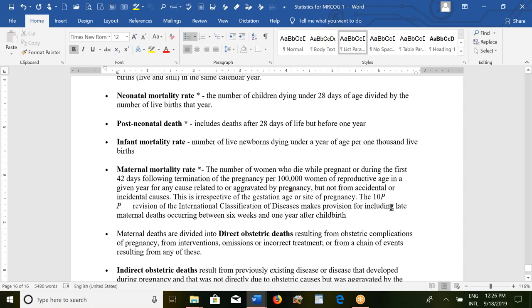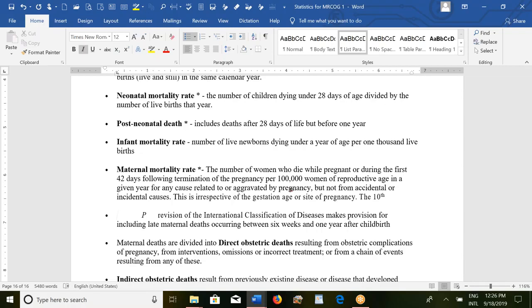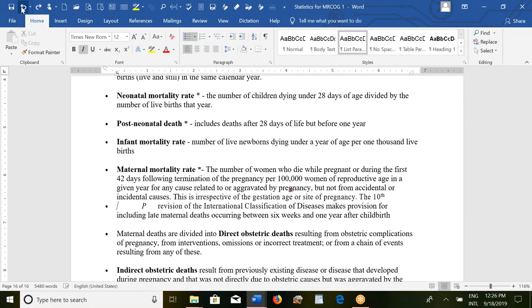So then what about suicide? Suicide has been included in the direct maternal deaths. Yes, it has been included in the direct maternal death.